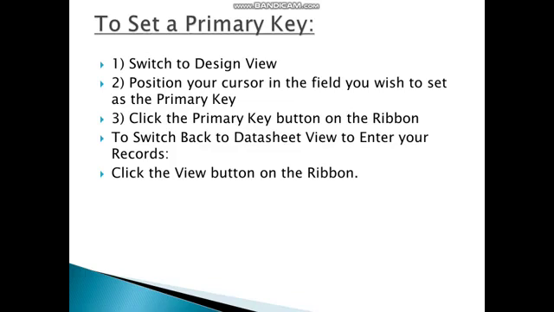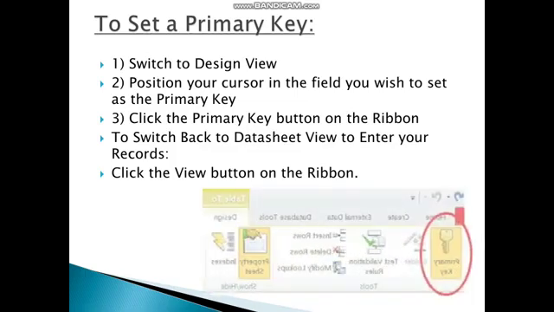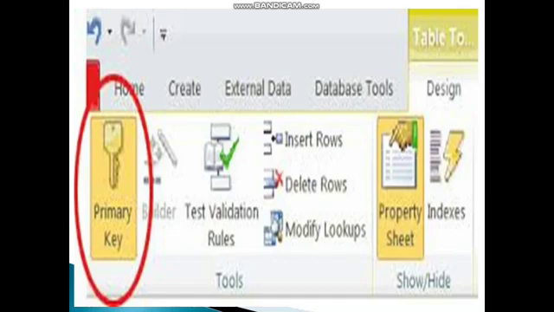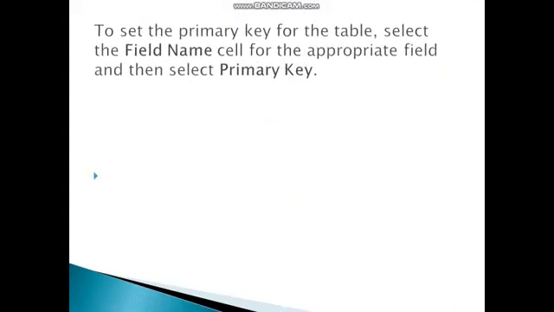To switch back to the datasheet view, to enter your records, you can click on the view button and you can view the same data. You can see the picture, image, primary key. You have to click on the primary key, then it will be there in your field.